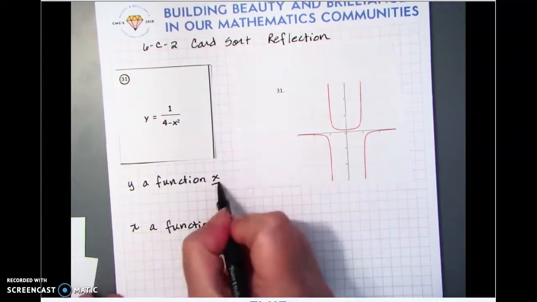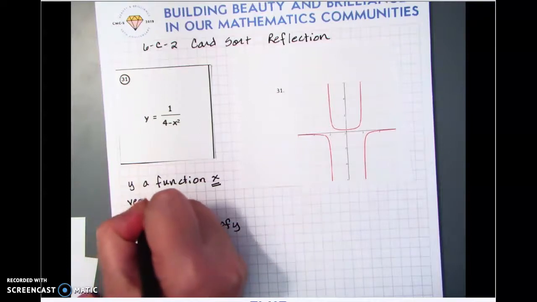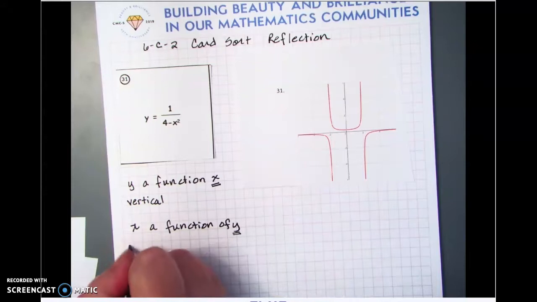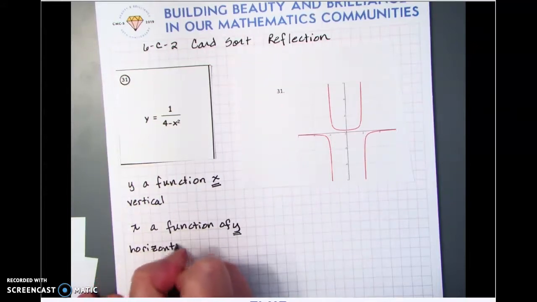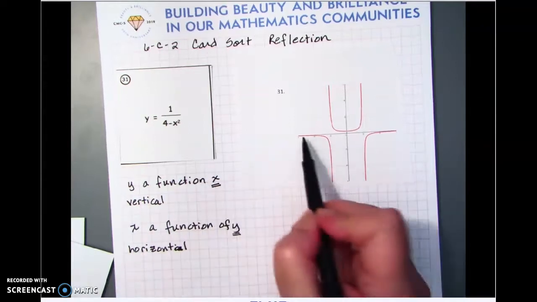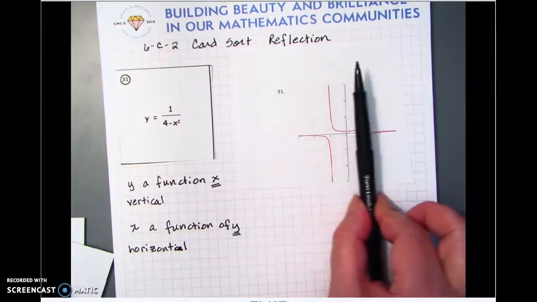If x is what we want as our domain, then we're going to be looking at the vertical line test. If y is our domain, we're going to be looking at the horizontal line test. The test is always going to be perpendicular to the axis of our domain. So if the x-axis is horizontal, then the test is perpendicular to that axis.